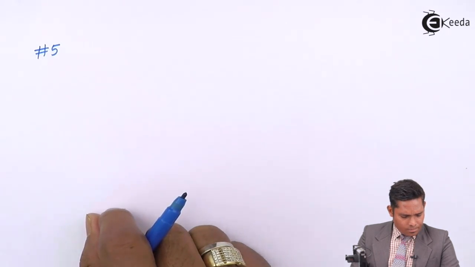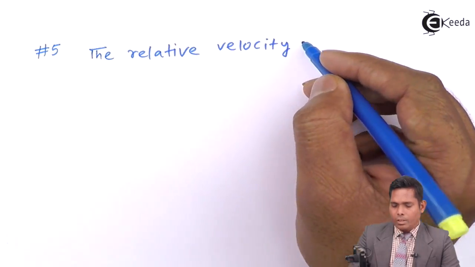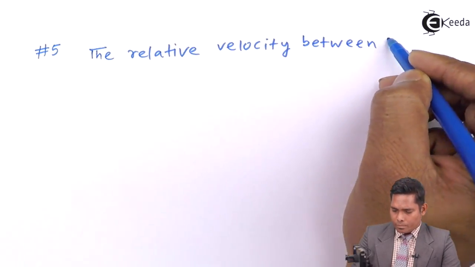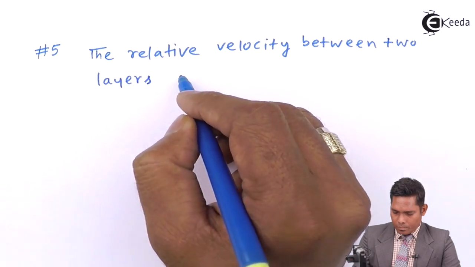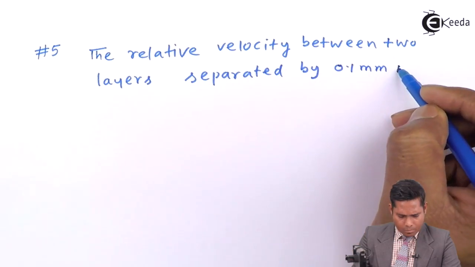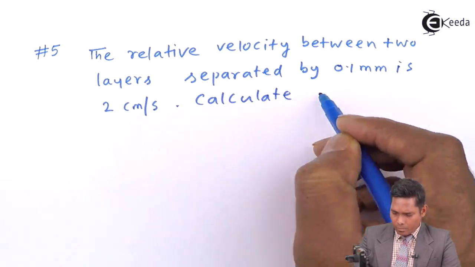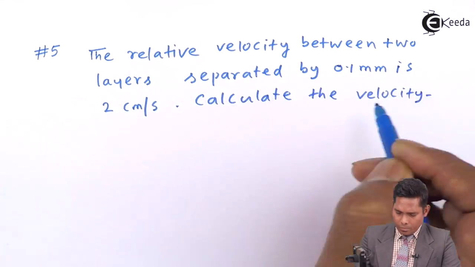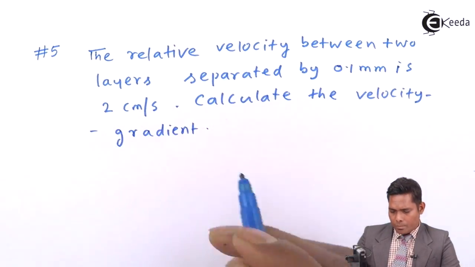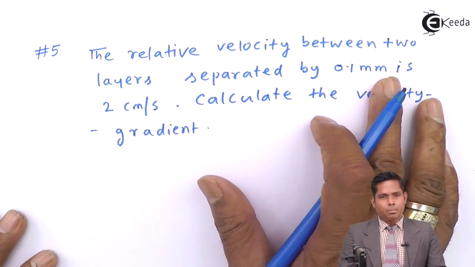So the question is, the relative velocity between two layers of liquid separated by 0.1 mm is this.